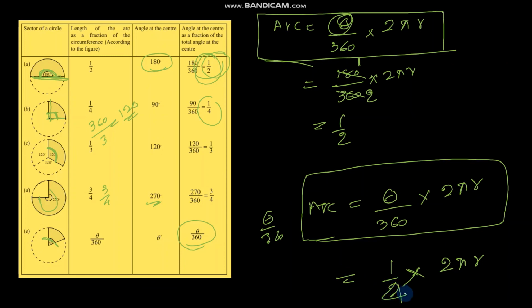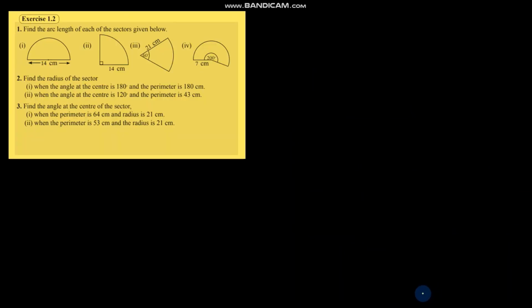If you get a third of it, you multiply by a third. Likewise, you can multiply accordingly, right? So far we learned about the arcs and the special formations. The next thing we are going to do is try a couple of examples or exercises, right?